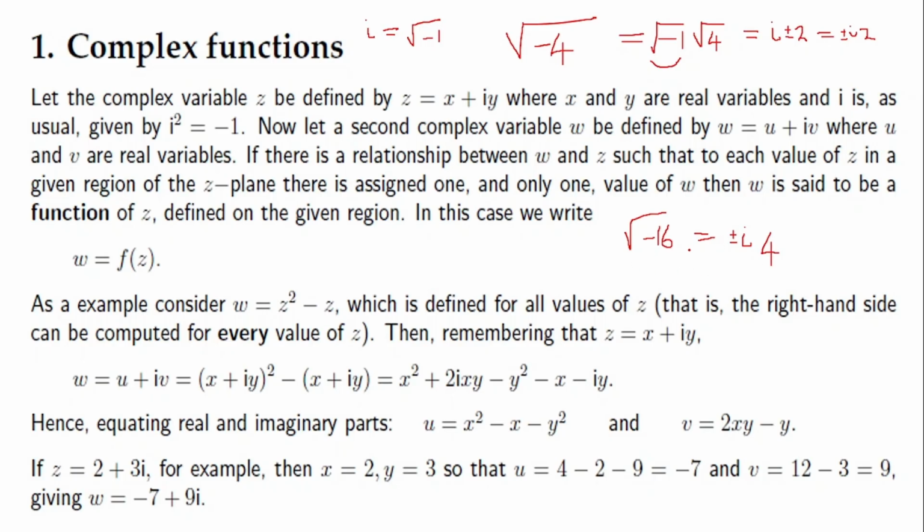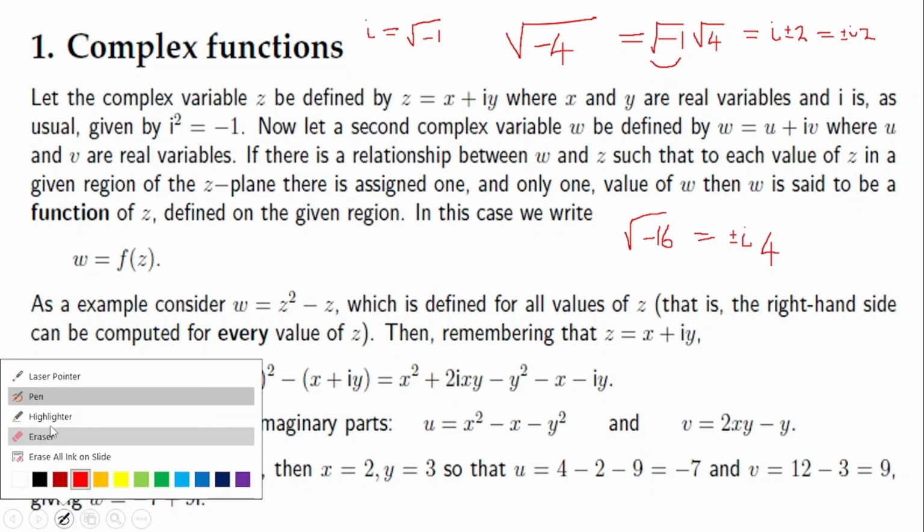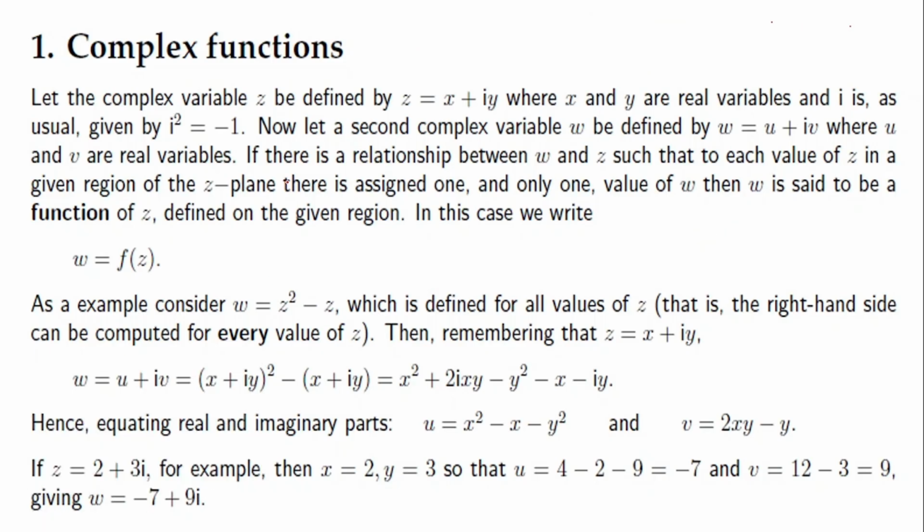But if you go to secondary school, they will tell you that, or if you press your calculator and say root of -16, it says error. But complex will tell you that it's not error. Is that clear?